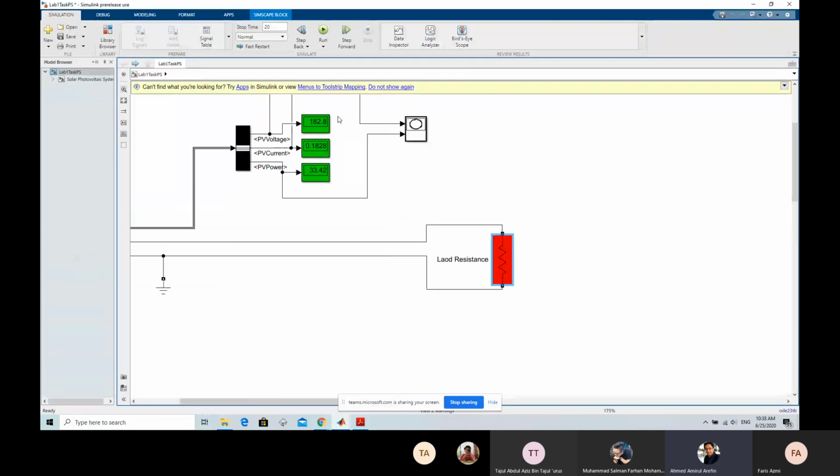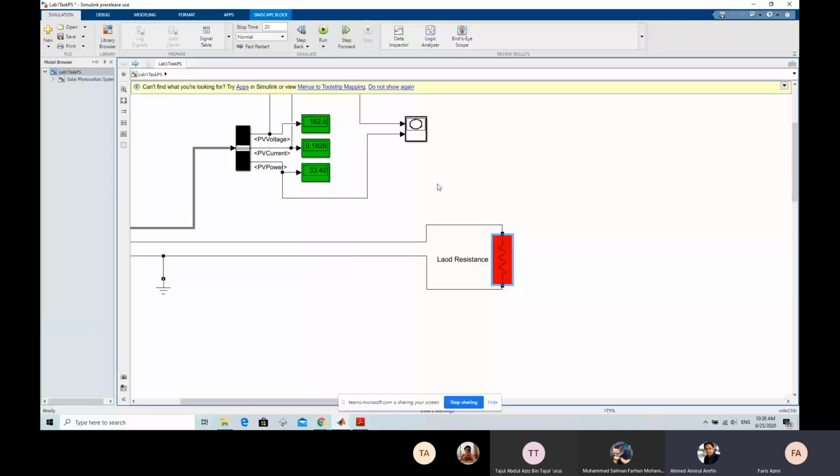Okay, just close the XY curve. You can see the open circuit voltage is very high, the current is very low, and the power is also okay. So this is the open circuit voltage you have.